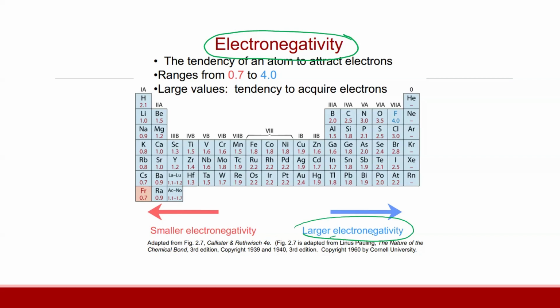So we say electronegativity is high towards the right, and it increases from left to right. It ranges from 0.7 to 4, and it is the tendency to acquire an electron. So that's already something you know.